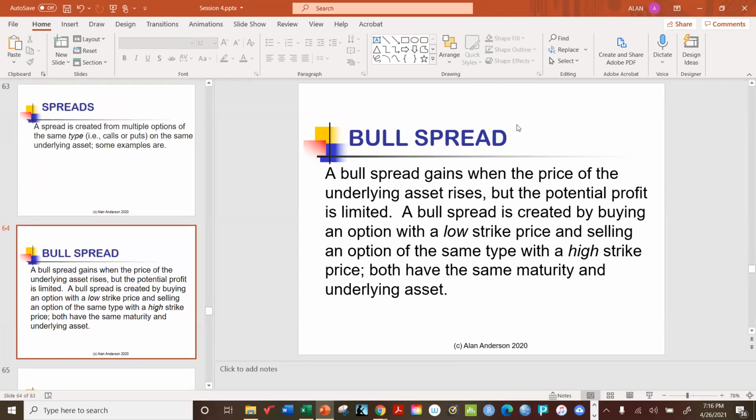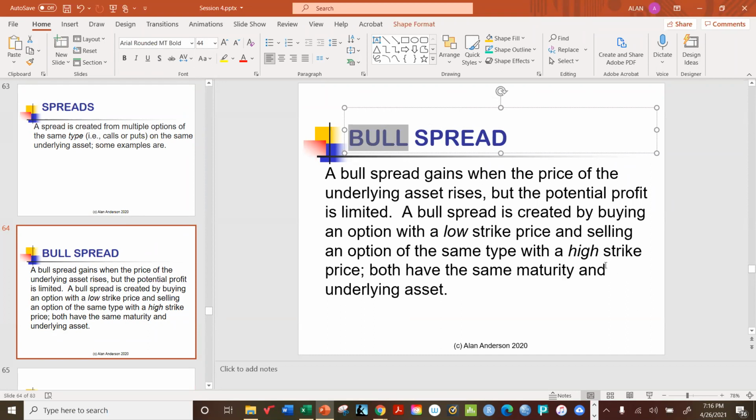A bull spread. Now this one, the name might be somewhat helpful because the word bull indicates that we're bullish, that we are expecting the underlying asset to gain in price. A bull spread consists of the following. We're going to buy an option, and it could be a call or a put, with a low strike price.